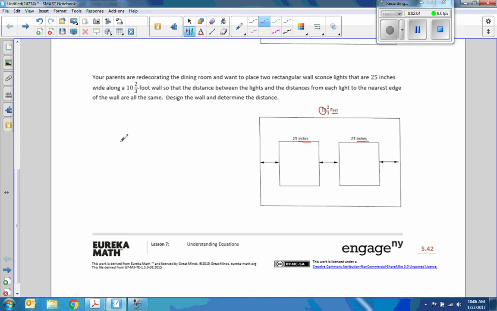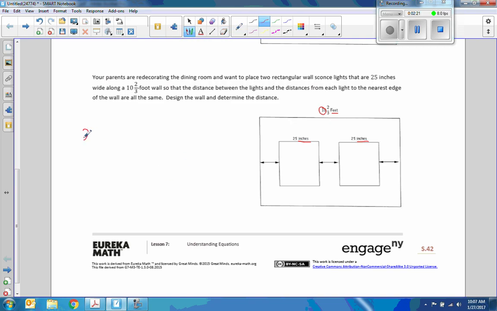So, there's a couple ways we can do this. This is 25 inches, so I can say 25 plus 25, but, okay, let me think about the second. There's a few ways you can do this, that's why I'm hesitant.